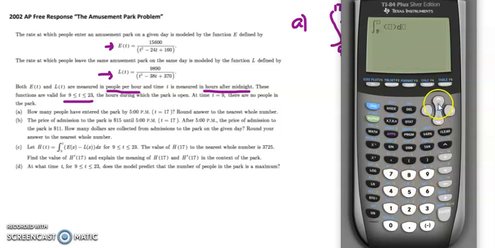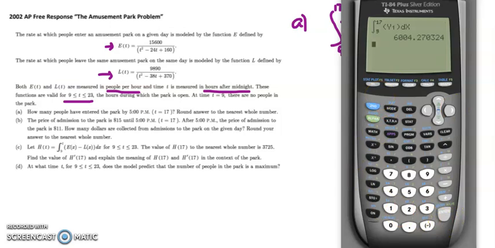I'm going to integrate from 9 to 17, and I want to integrate the function that I have in my y1. So I'm going to go to vars, yvars, function y1, and of course I'm going to put in dx right here. You can tell I'm at school doing this as the bell is ringing.